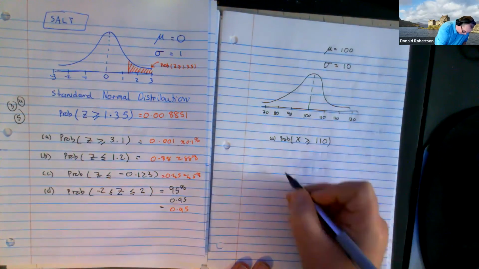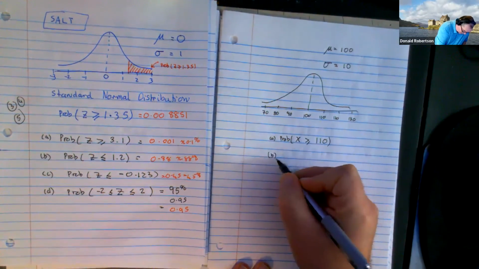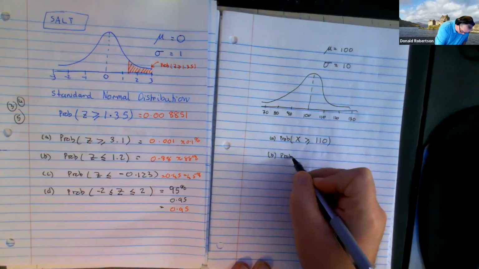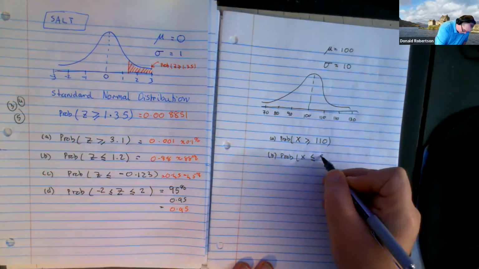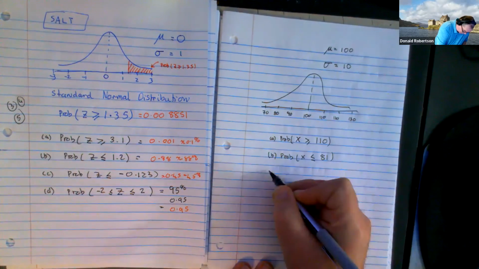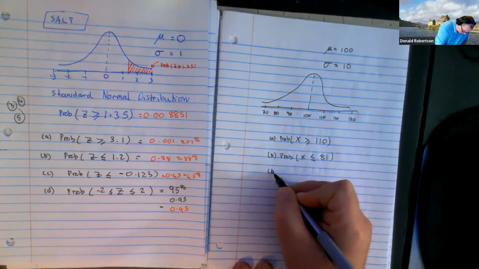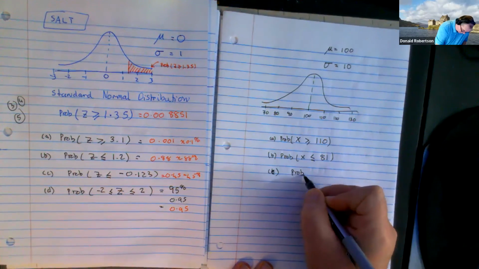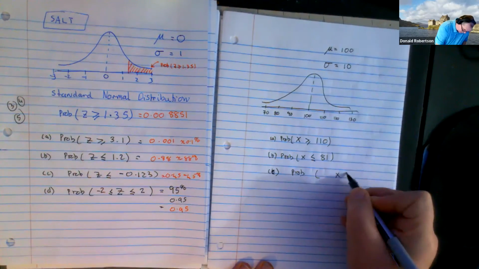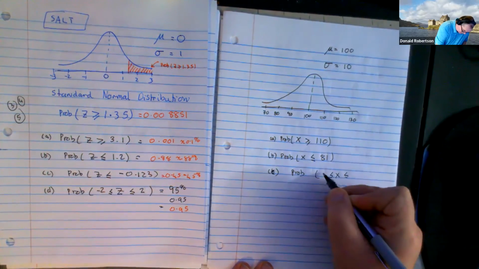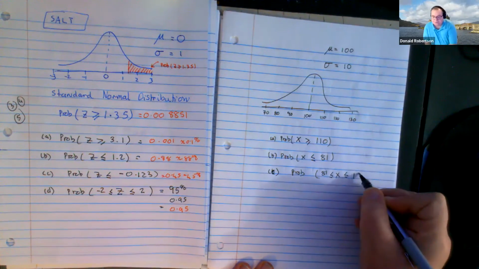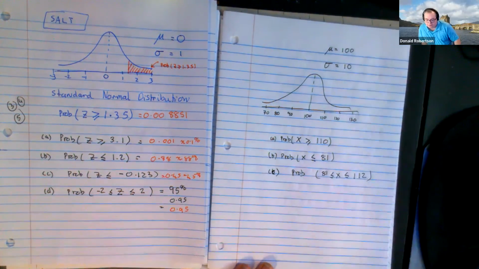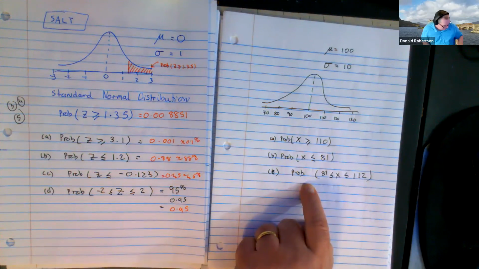Or what's the probability that you pick someone and their IQ is less than or equal to 81? Or, let's see, what's the probability that someone in the population has an IQ between 81 and 112? So these are the 3 guys.